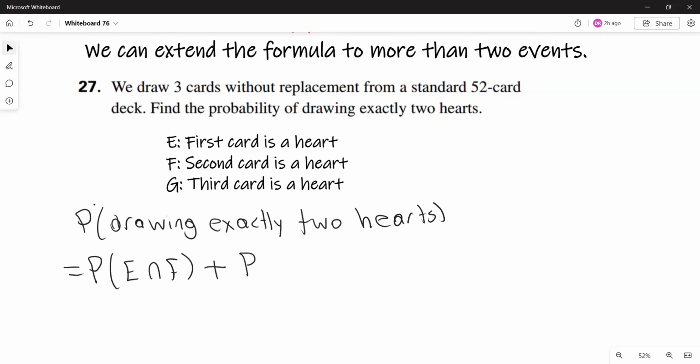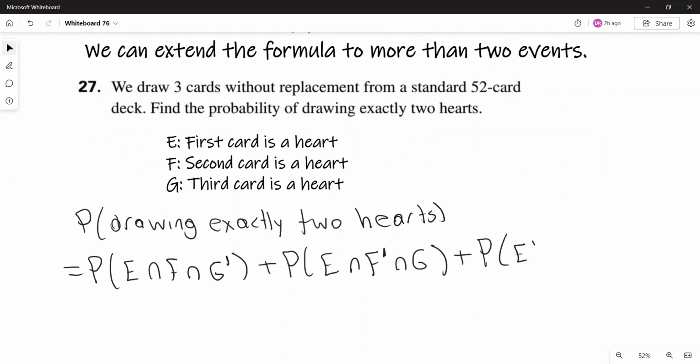Second scenario is that the first one and the third one are hearts, but the second one is not. So the first and second are hearts, and the complement indicates that the third one is not a heart. Plus the probability that the first is a heart, the second one is not a heart, so that's F complement, and the third one is a heart. Plus the probability, third scenario, the first one is not a heart, but the last 2 are hearts.